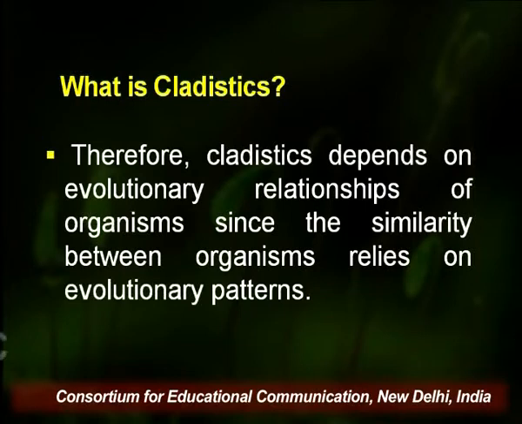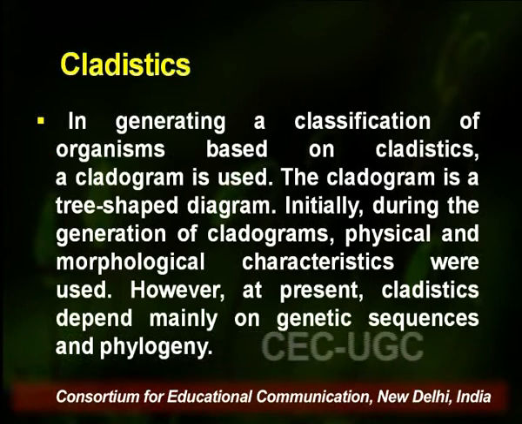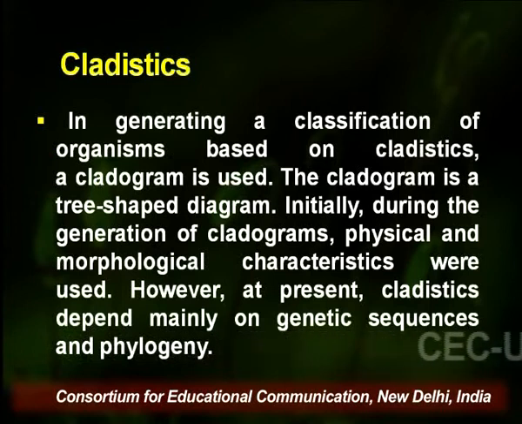Therefore, cladistics depends on evolutionary relationships of organisms, since the similarity between organisms relies on the evolutionary patterns. In generating a classification of organisms based on cladistics, a cladogram is used.